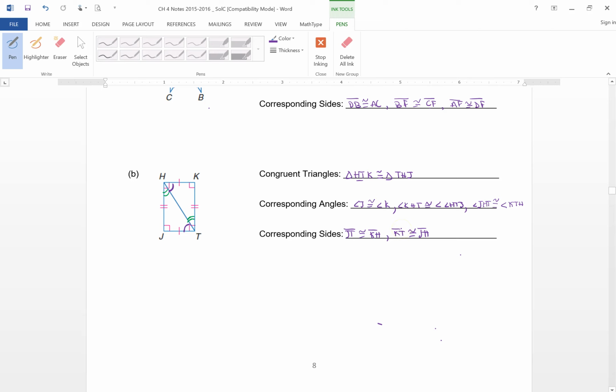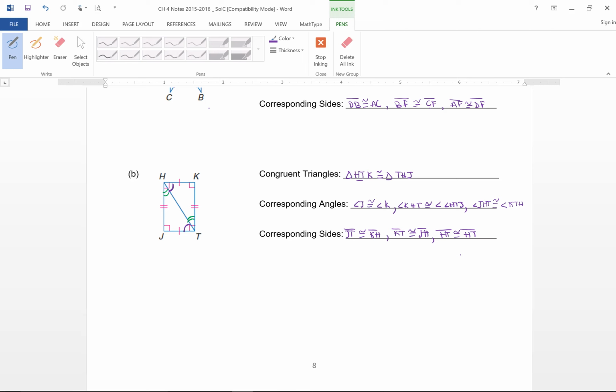I mean, it wouldn't be a deal breaker, but I try to keep it consistent as much as I can. And what's another one? What's the last one? HT to HT. Yes. All right? That's the diagonal one. Yeah, that's the side for both of them. They share that side. Turns out that's going to be really, really important later.